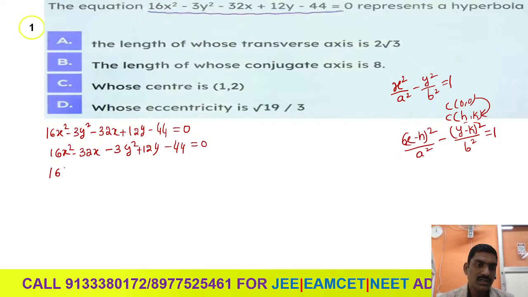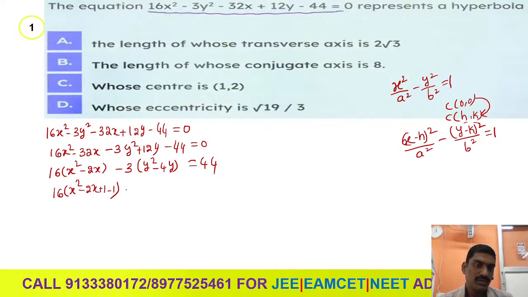Take 16 common: x square minus 2x, and take 3 common: y square minus 4y, which is equal to 44. Now 16 times x square minus 2x plus 1 and minus 1, next minus 3 times y square minus 4y, so 2 square is required, plus 2 square and minus 2 square, which is equal to 44.